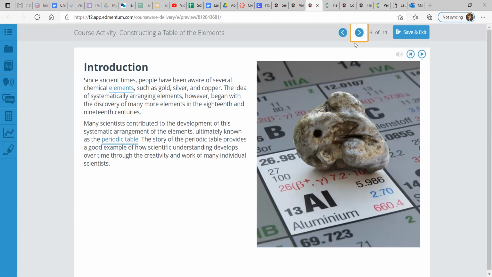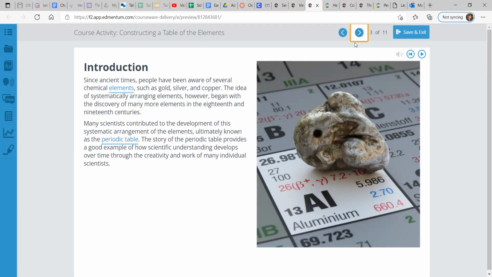In the introduction, ancient times, so we're talking millennia ago, people have been aware of several chemical elements: silver, copper, gold. The idea of systematically arranging elements actually began when we discovered many more elements in the 18th and 19th century.